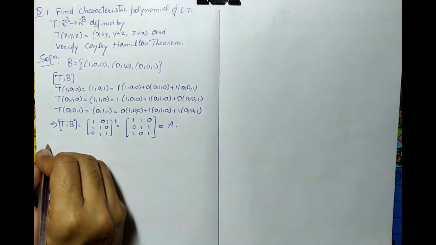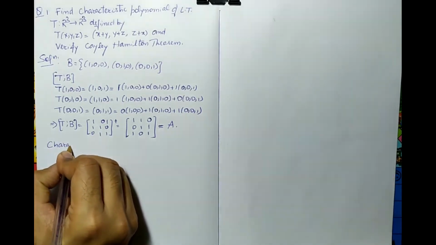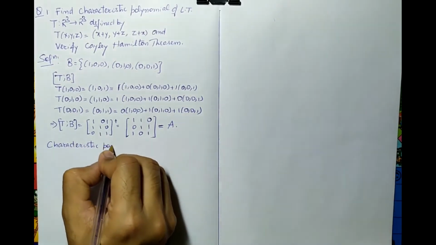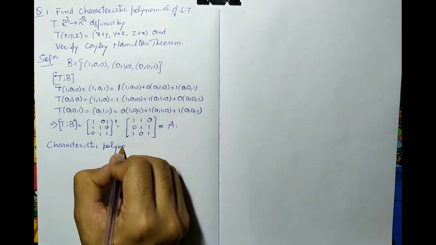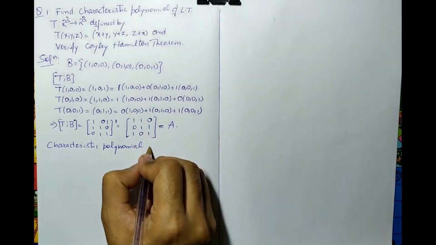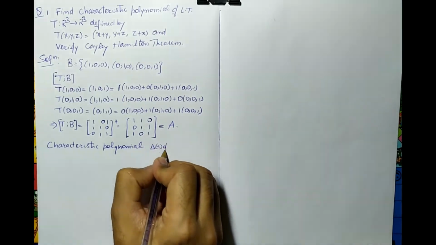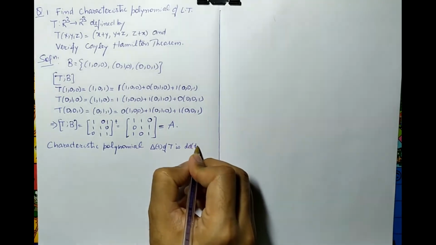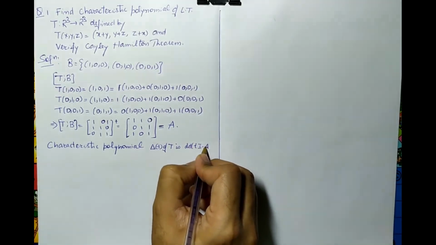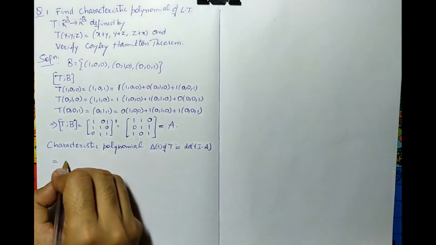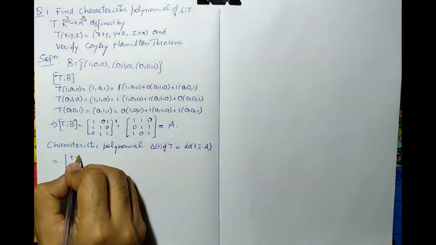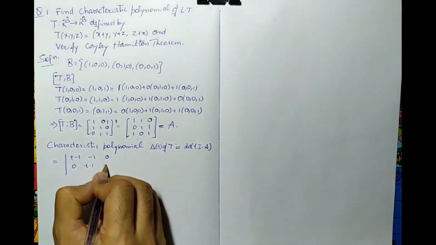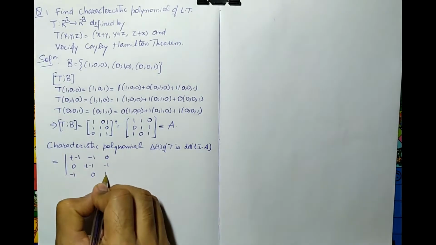Now the characteristic polynomial delta T of t is the determinant of tI minus A, that is t minus 1, minus 1, 0, 0, t minus 1, minus 1, minus 1, 0, t minus 1.